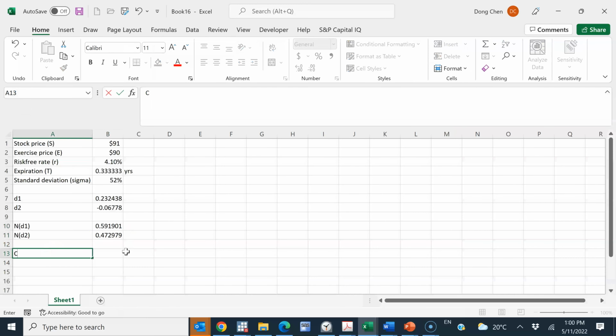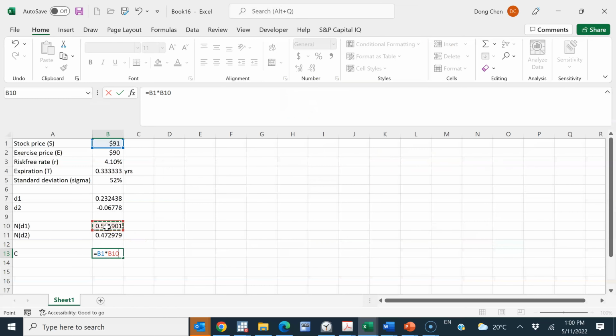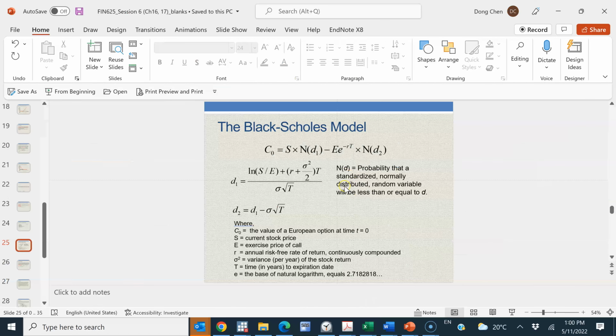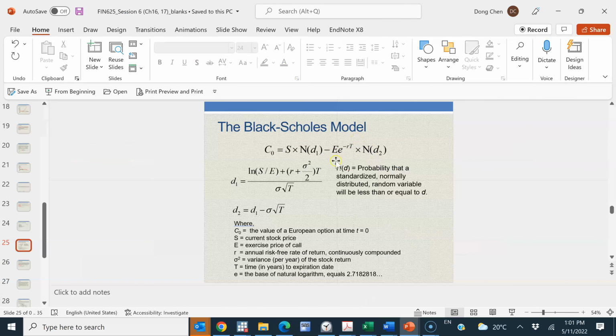So the C now equals S, stock price, multiplied by N(D1), and minus this E, exercise price, multiplied by this EXP, which is this little e here.